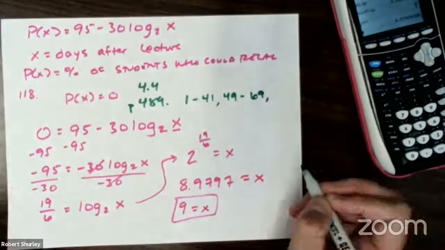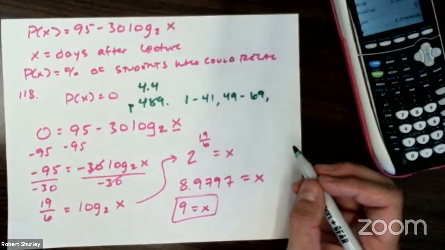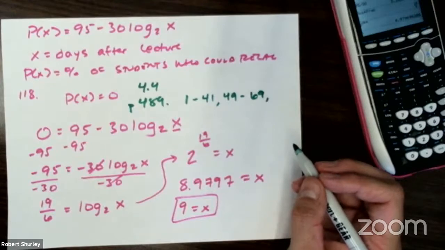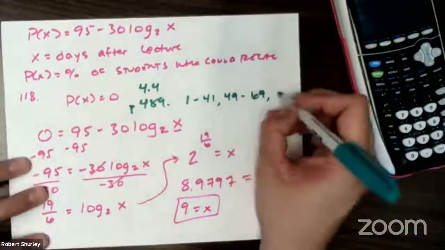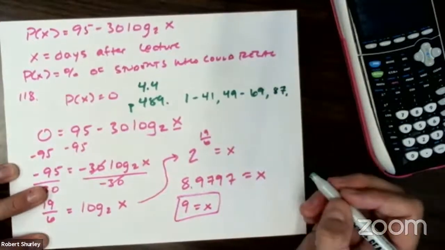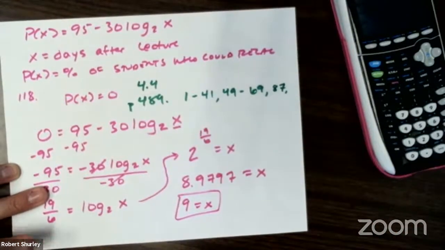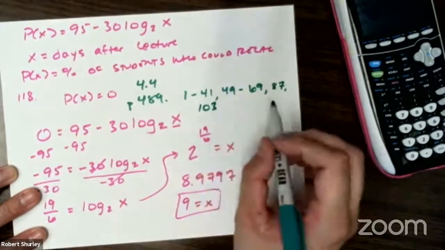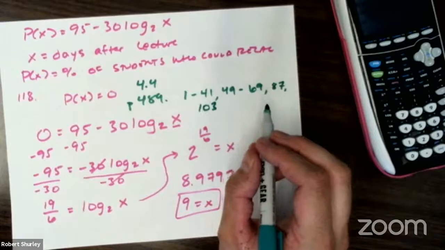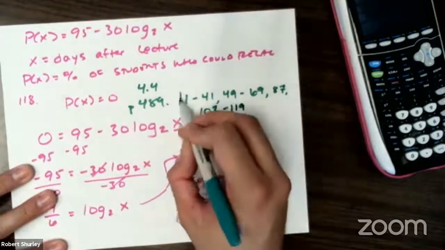I'm going to see if I can find another one I like in that section. 87 is a good one. Yeah, that'd work. And then some real world application questions, 103 through 119 odd. So all of these are odd.